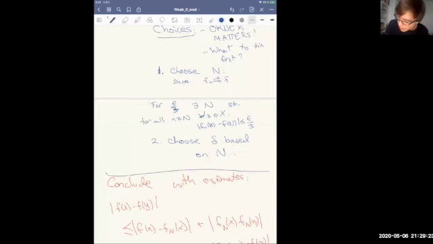Now, how do we choose delta based on this n? Well, f_N is continuous at x, so there exists a delta positive so that if the distance between x and y is less than or equal to delta, then |f_N(x) minus f_N(y)| is less than or equal to epsilon over 3.